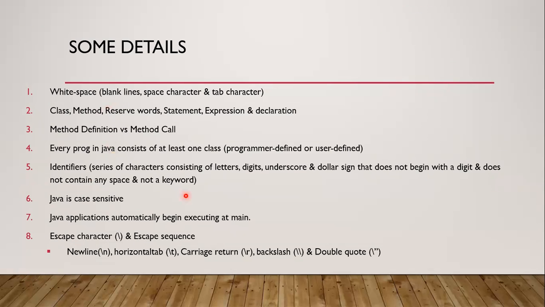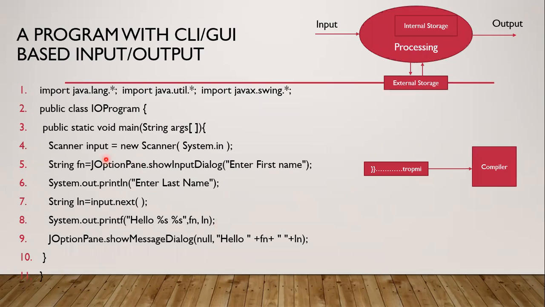There are certain rules for the identifier. An identifier can be a series of characters consisting of letters, digits, underscore, and dollar sign that does not begin with a digit, does not contain any space, and is not a keyword. Simple. There are three rules.